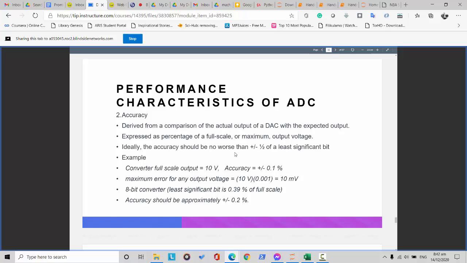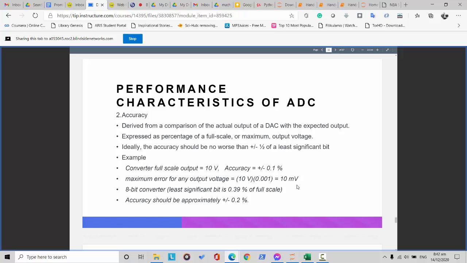Ideally, the accuracy should be no worse than plus minus half of a least significant bit. As an example, we have a converter full scale output of 10 volts, and the accuracy is equal to plus minus 0.1%. So the maximum error for any voltage can be computed as 0.001 multiplied by the 10 volts.